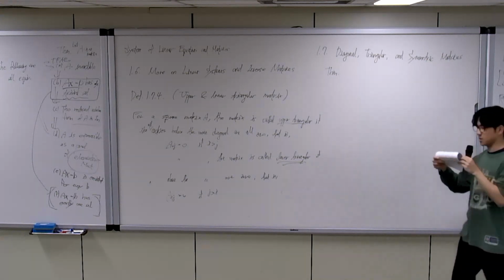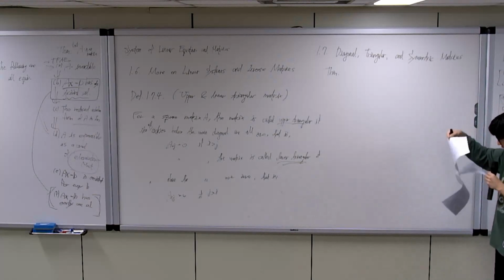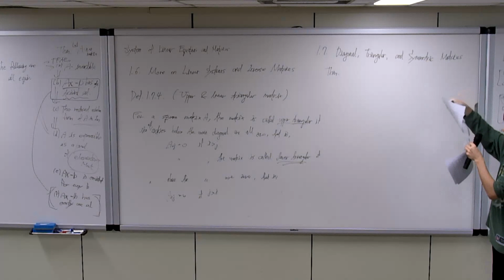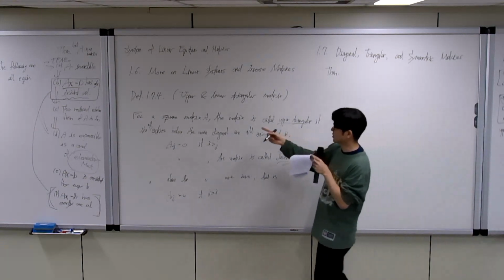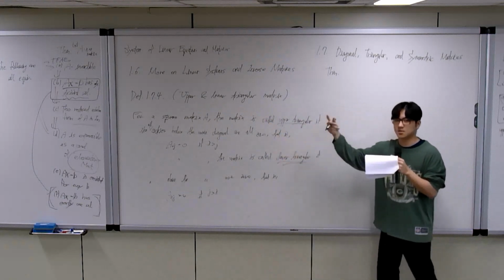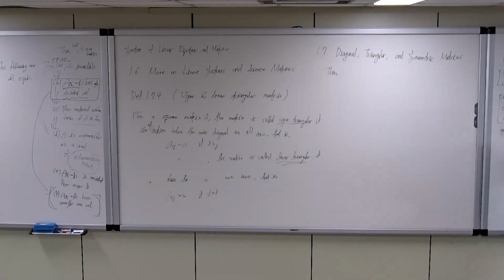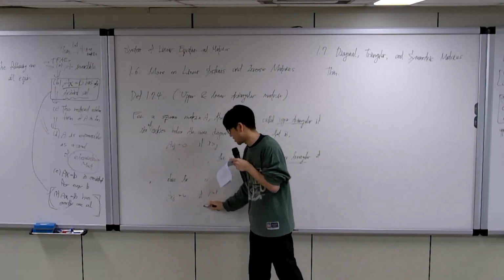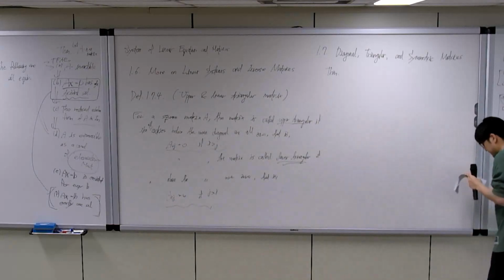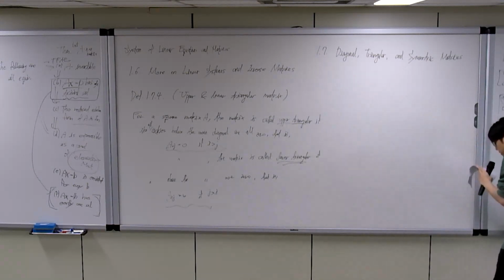Okay, the time remaining is 5 minutes, so I will skip a theorem. This theorem says the transpose of an upper triangular matrix is lower triangular, and if we see the condition, then we can check it easily. And there are some other properties.